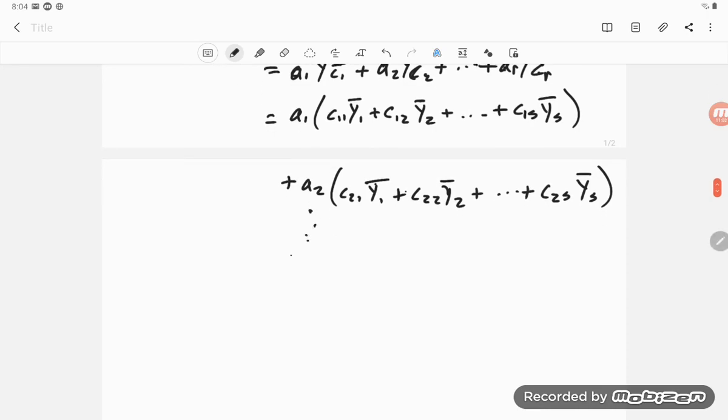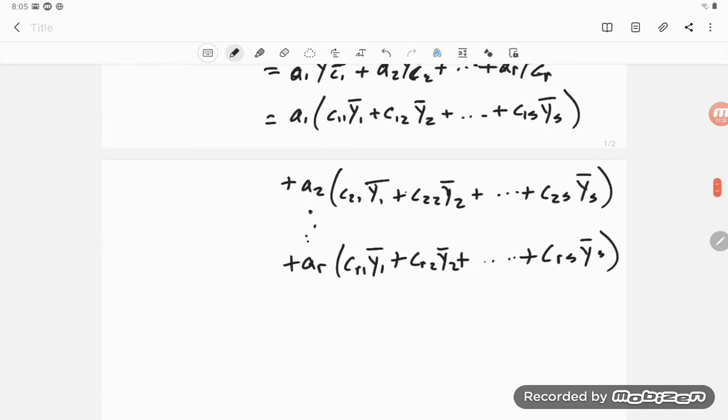So, this just keeps going, and then AR times CR1, Y1 plus CR2, Y2 plus, and we write all those out, CRS, YS.